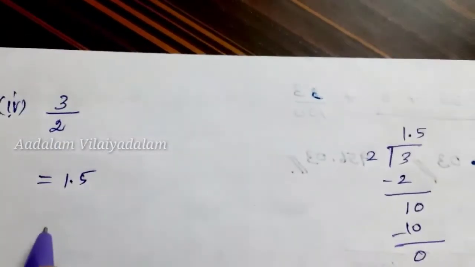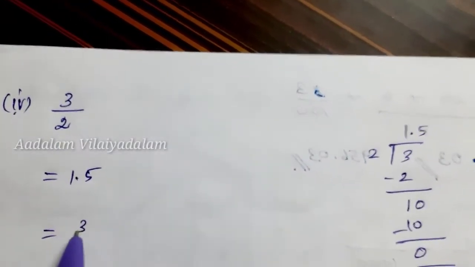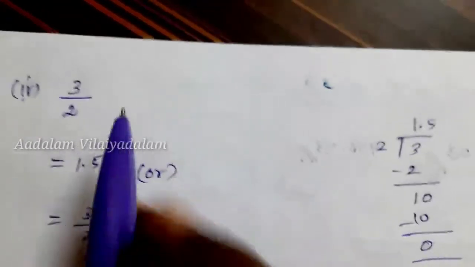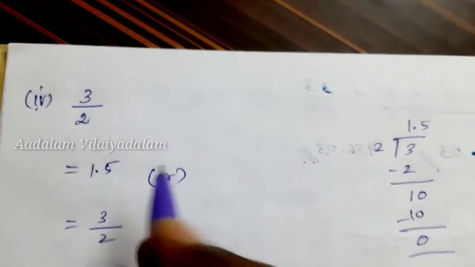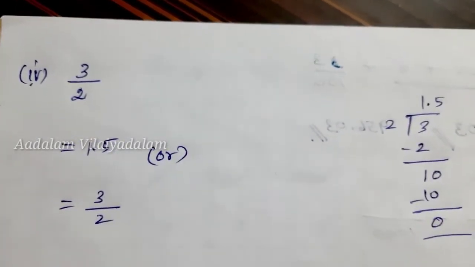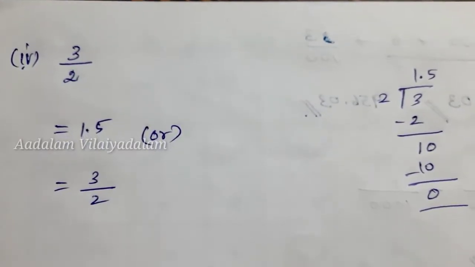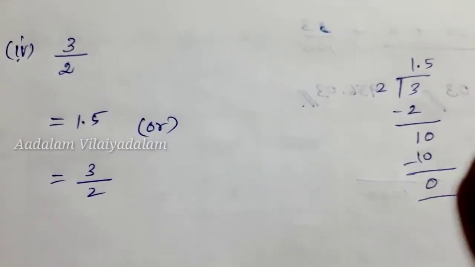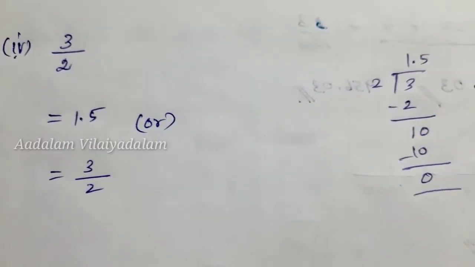Or we can do it another way with 3 by 2. Just make this denominator 10. If there is a single digit, make it 10, and if 2 digits, make it 100.